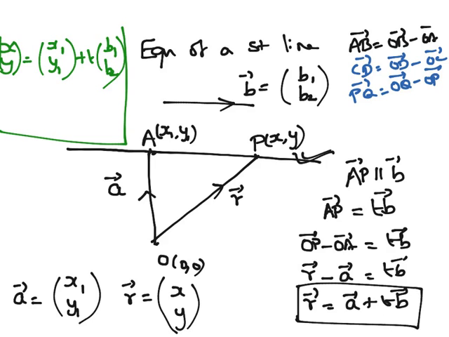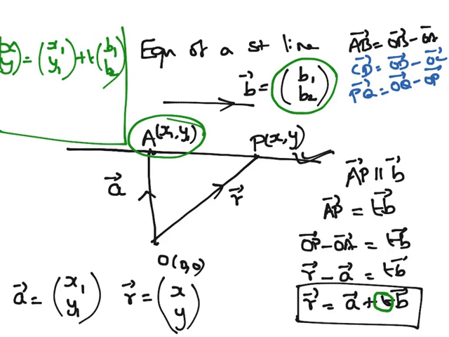Okay. So to find the vector equation of a straight line, you require a given point and you also require a parallel vector. So you require a parallel vector and you require a given point on the line. Now you may wonder, what is the role of this t? What is the role of this scalar t? I'm going to explain with the example.